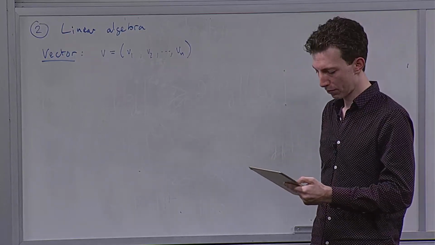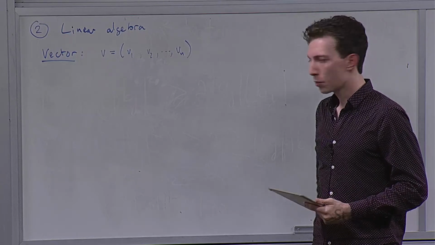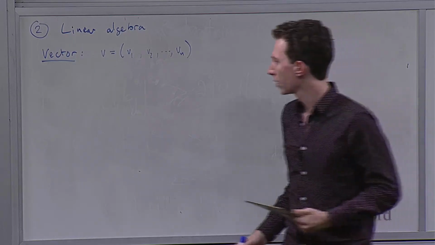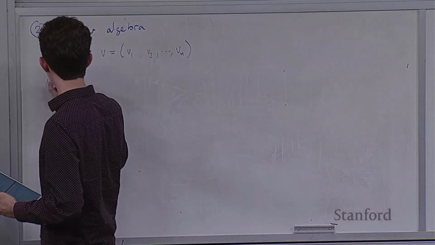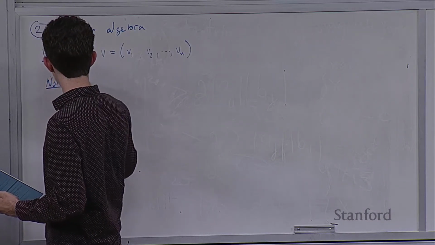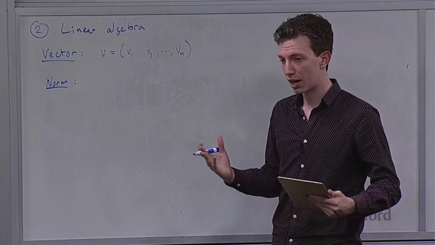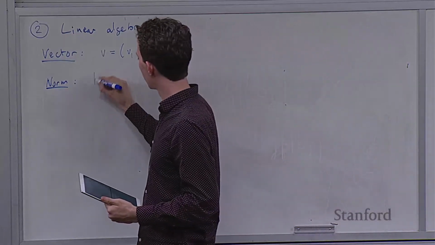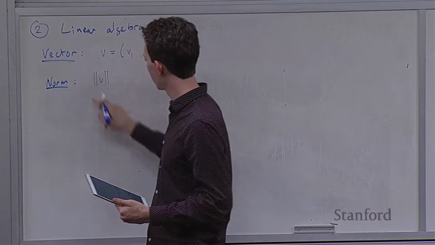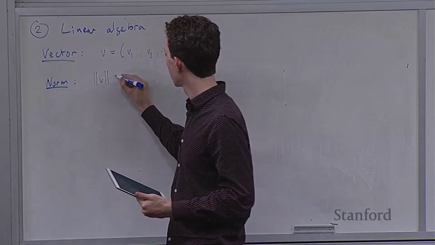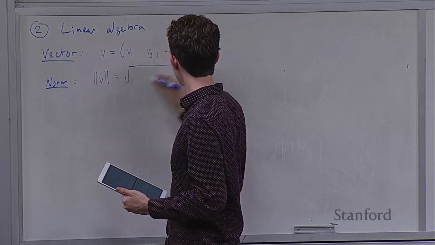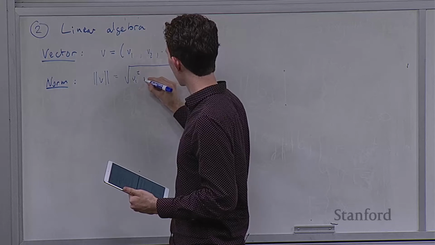OK. Now, the way that we find lengths of vectors should be familiar from high school geometry in the case of two-dimensional vectors, but it generalizes to higher dimensions. The length, also called the norm of a vector, which is written this way, is just the square root of the sum of the squares of each of the components.